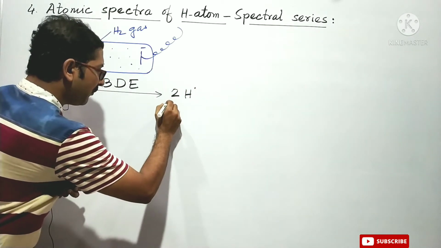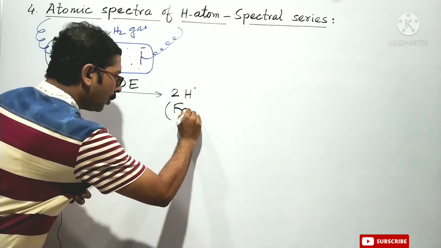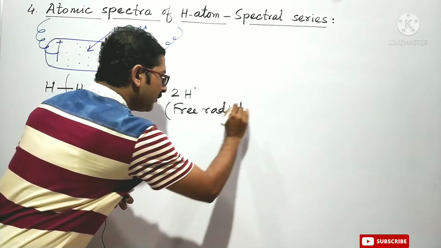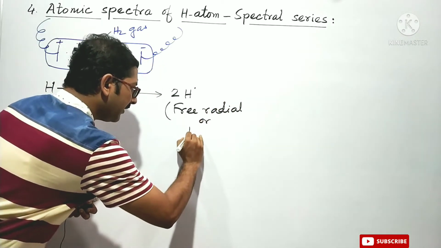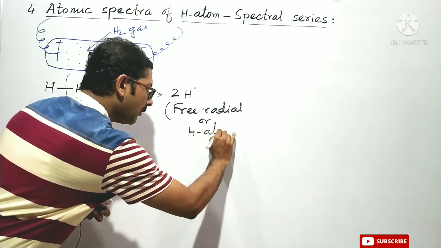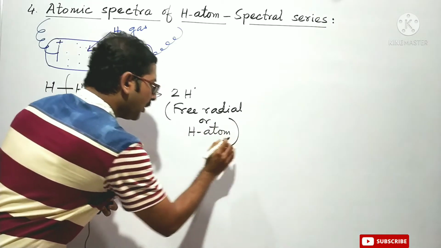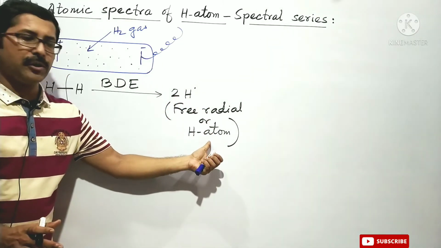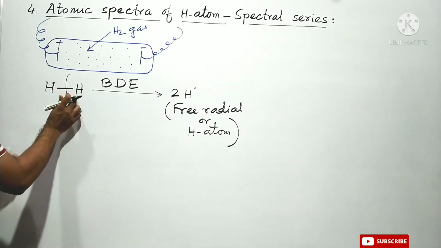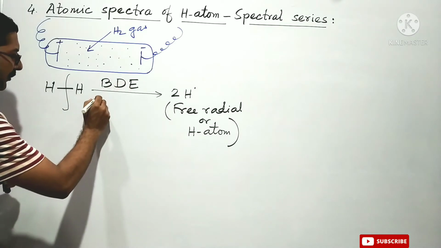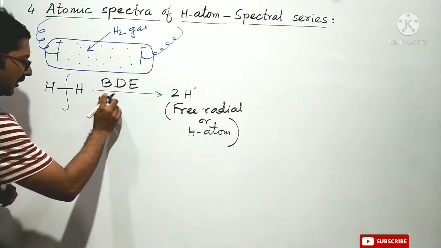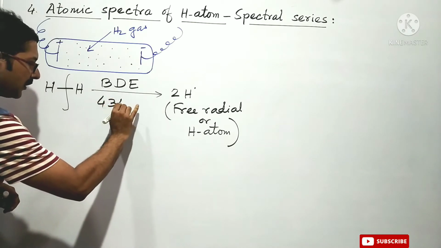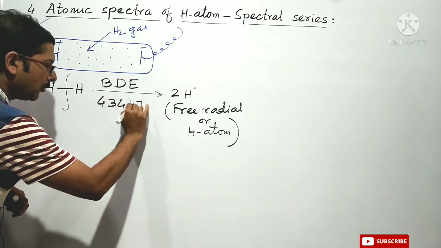This is hydrogen free radical, or in simple language, this free radical is nothing but hydrogen atom. So when a hydrogen molecule is broken, two hydrogen atoms are produced, and for a hydrogen molecule this bond dissociation energy value is around 434 kilojoule per mole.